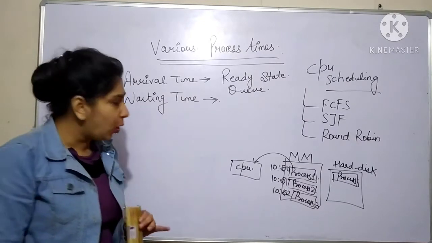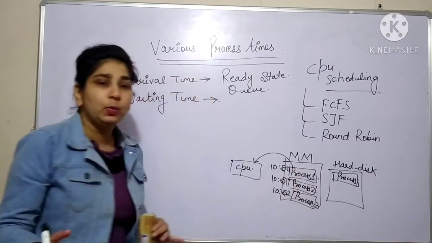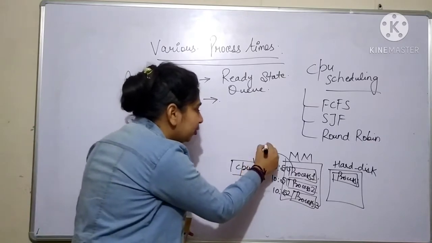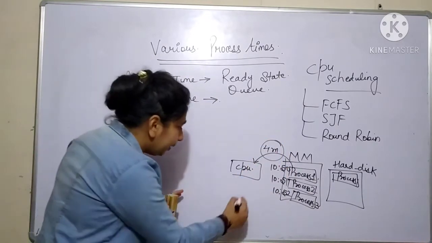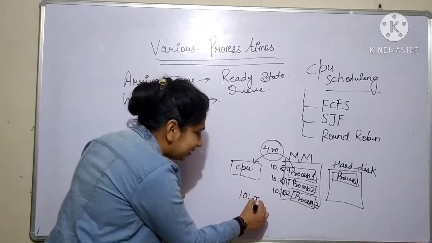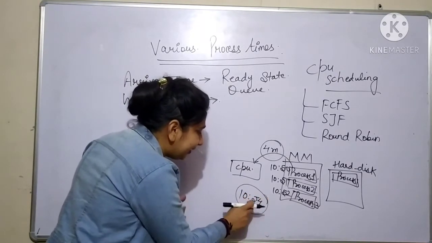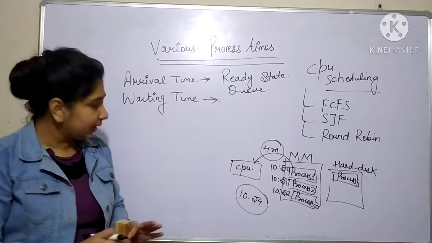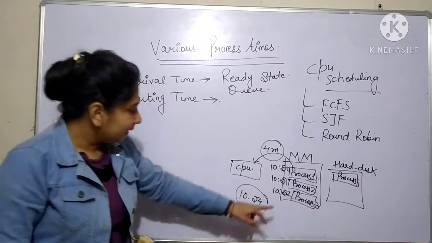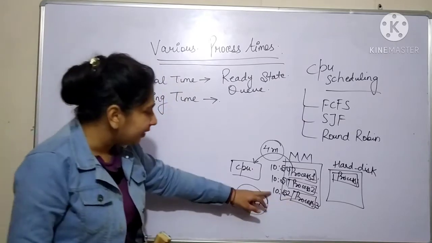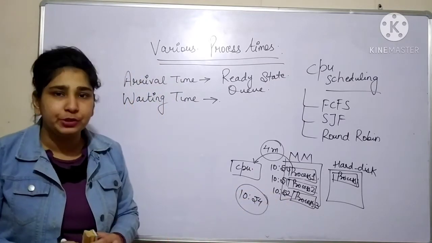Let's suppose process P1 wants to execute on the CPU for 4 minutes. It is going to complete its execution on the CPU at 10:54. Process 2 arrived at 10:51 and process 3 arrived in the main memory at 10:52.